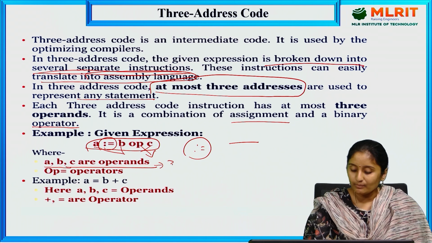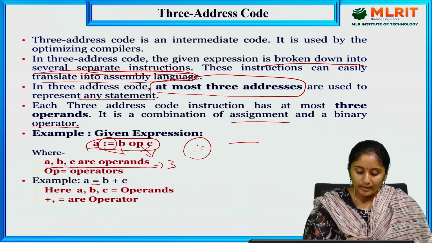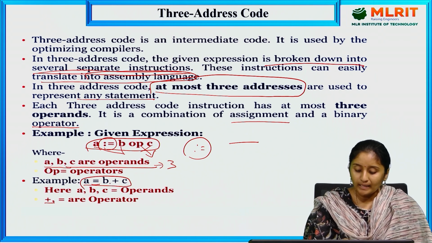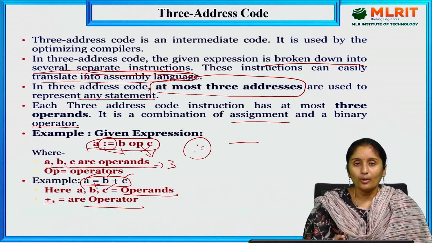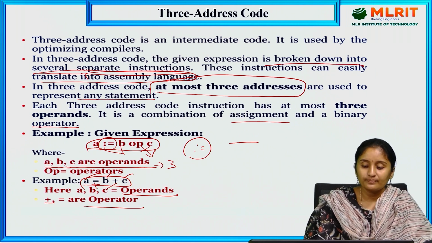So we should have at most 3 operands. And what are the operators? Equal to operator and plus operator. So for this example, I can have A equal to B plus C. Here A, B, C are the operands, and equal to and plus are the operators.